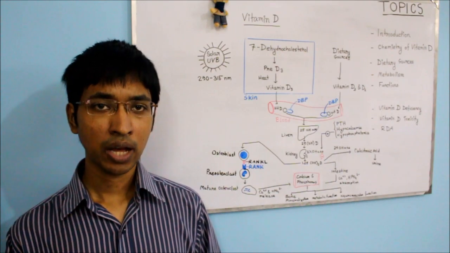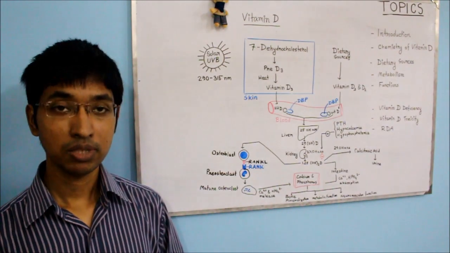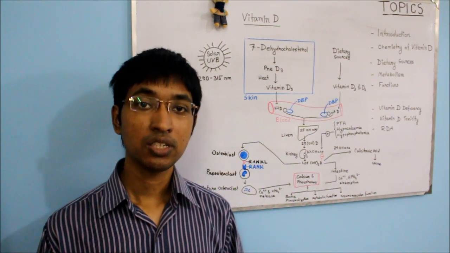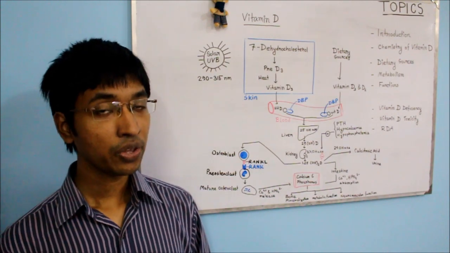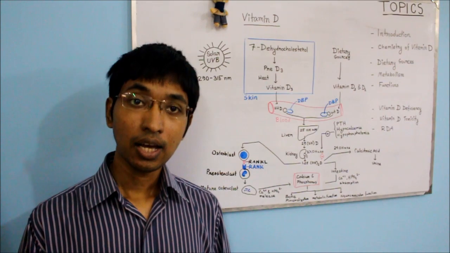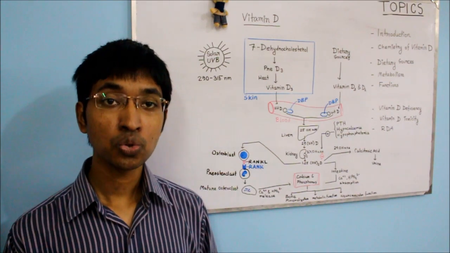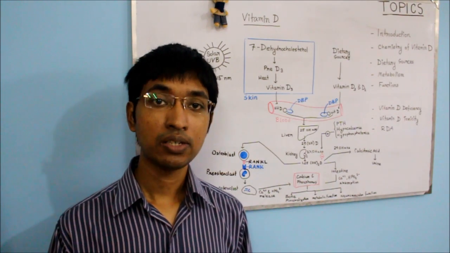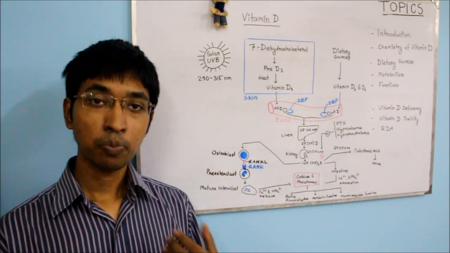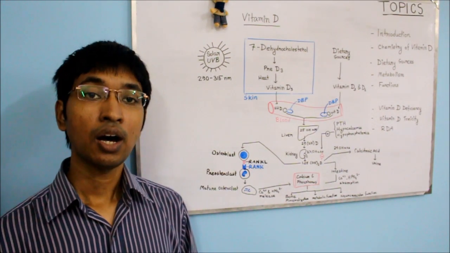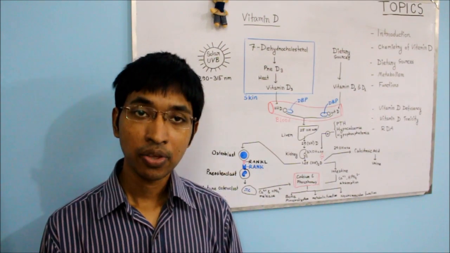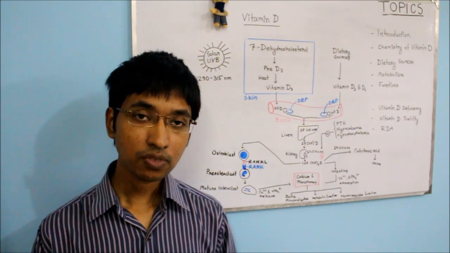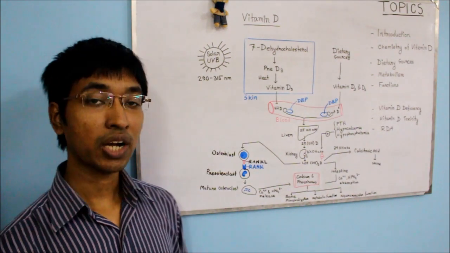And we will talk more about that when we discuss the metabolism of vitamin D. Just remember that first in the liver we produce 7-dehydrocholesterol from cholesterol, and then that thing is stored in the skin, and that skin, upon exposure to sunlight or any artificial light that contains the ultraviolet B radiation, on that exposure those 7-dehydrocholesterol undergoes some photochemical reaction, and as a result vitamin D3 or cholecalciferol is synthesized. So that is the endogenous source of vitamin D.